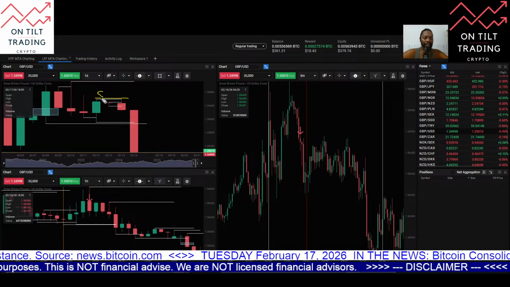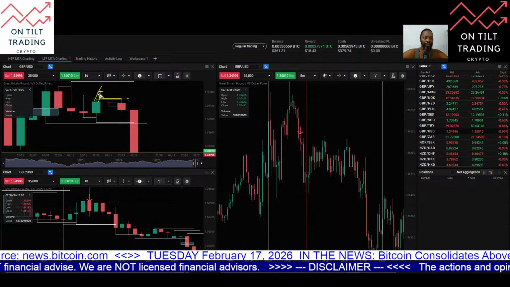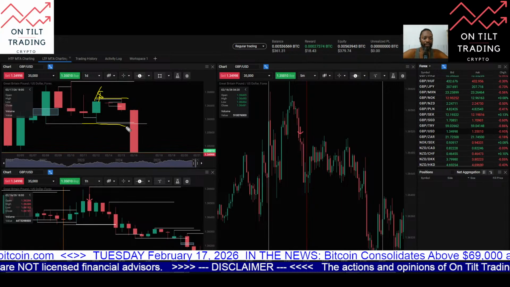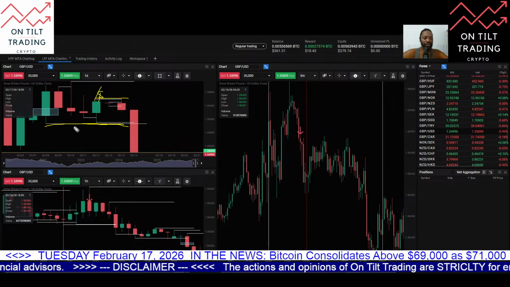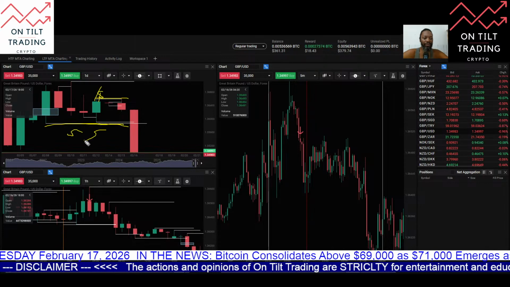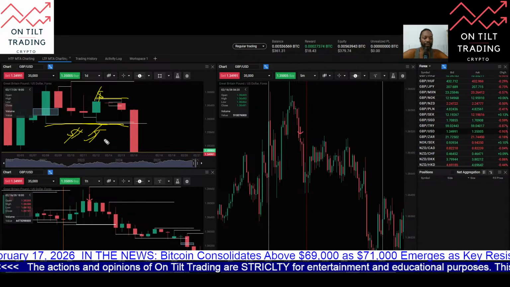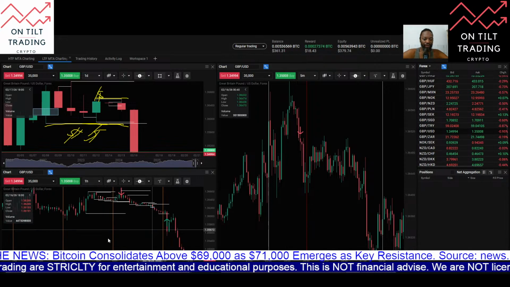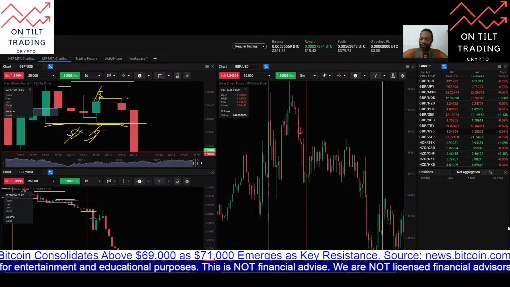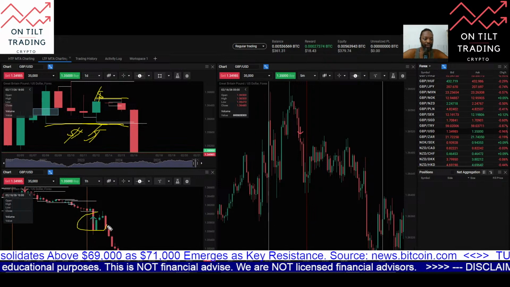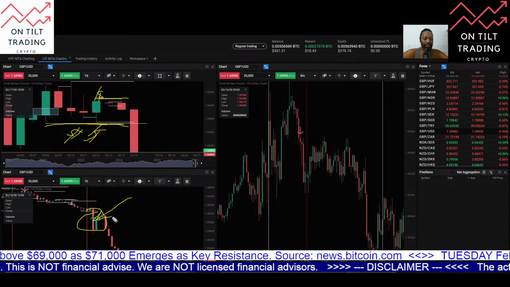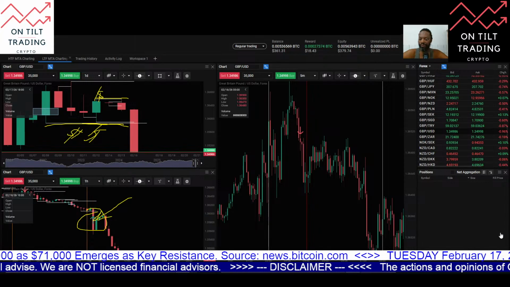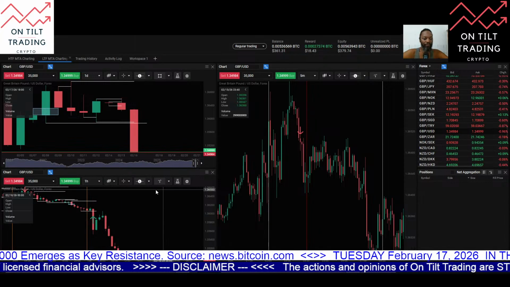With the buy side liquidity being swept out here, I target these relatively equal swing lows in this liquidity area, and I was able to take profit right here. You can see in this profit taking during the London session, I'm able to take profit.